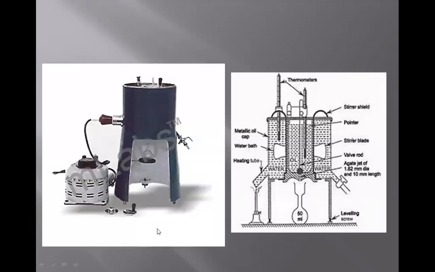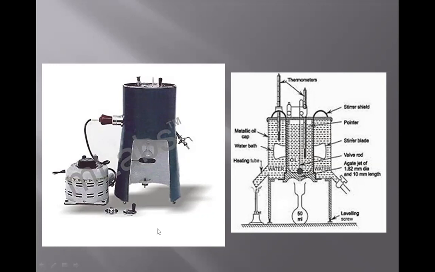See, these are the two pictures for the Redwood viscometer. The first one is the viscometer which is used at the laboratory level. And the second is the picture of the Redwood viscometer which actually looks like this.